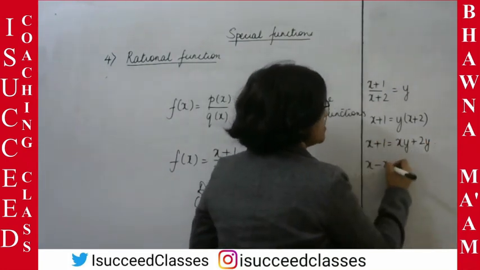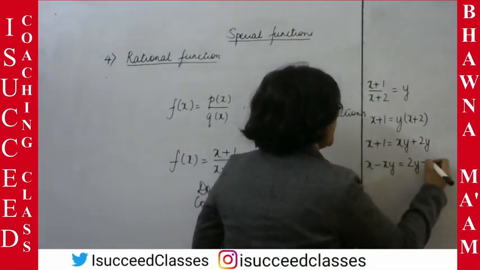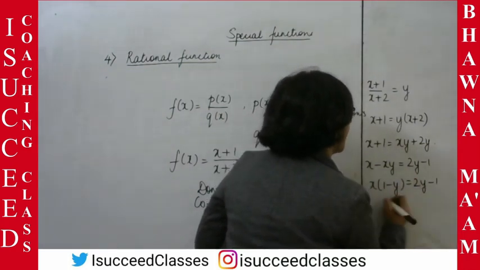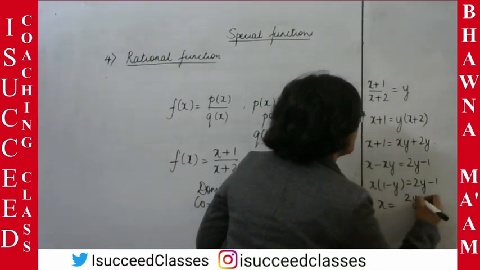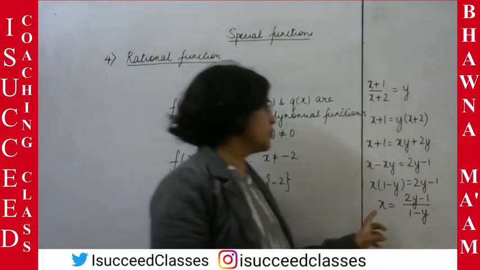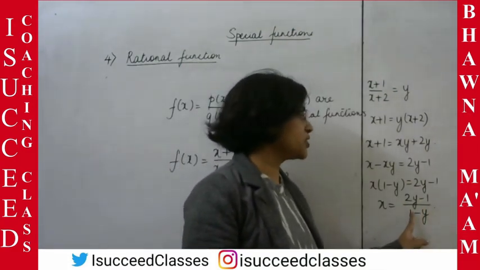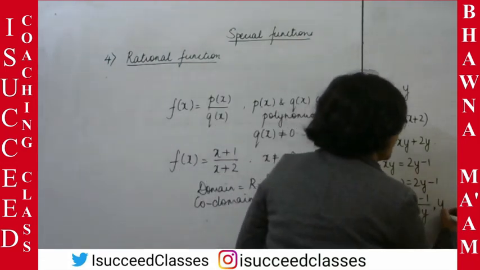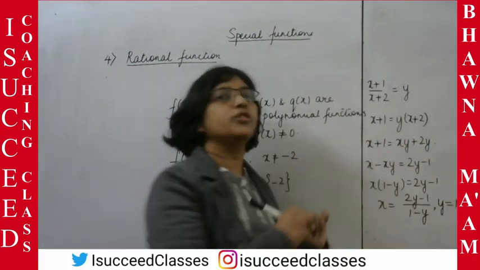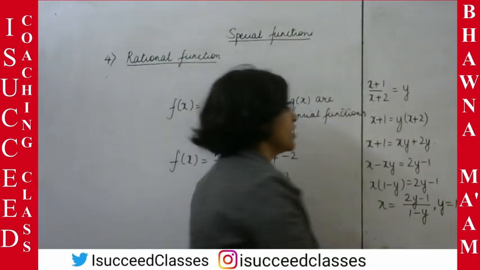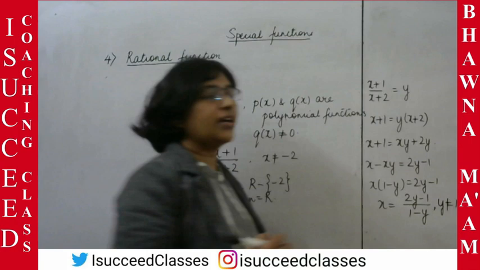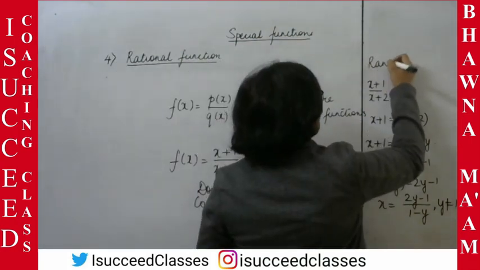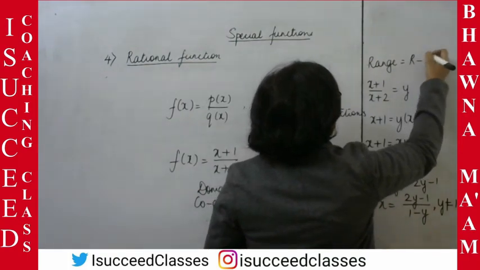Let's bring the x term on the left side. This is how we find the range of a function. One way of doing it. So we obtain x as 2y minus 1 upon 1 minus y. Now if y is 1, then this x value becomes undefined. So y should not be equal to 1. That means what are the range values? Range will be all real numbers except 1.